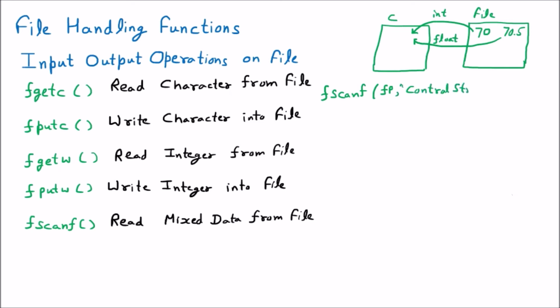Control string, we know that %d, %s, %c, these are the control string. Control string is like the format specifier. Then list of the variables. So this is how we are going to take the input.